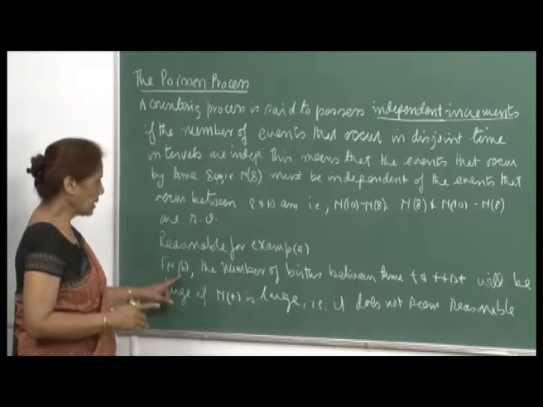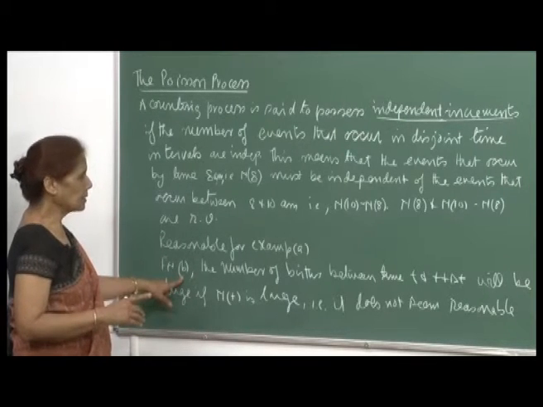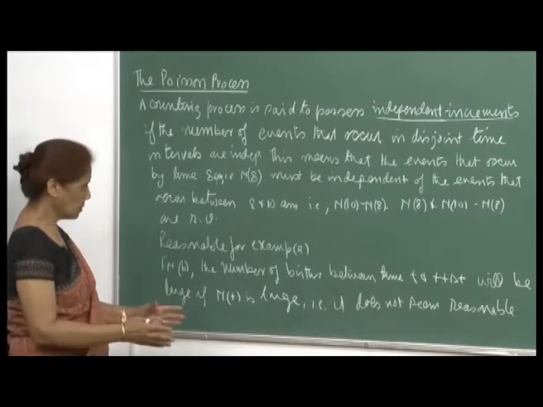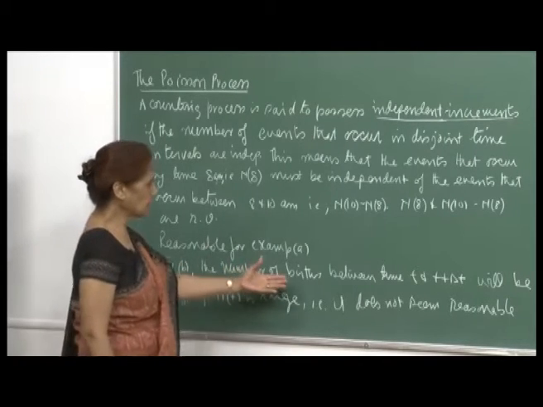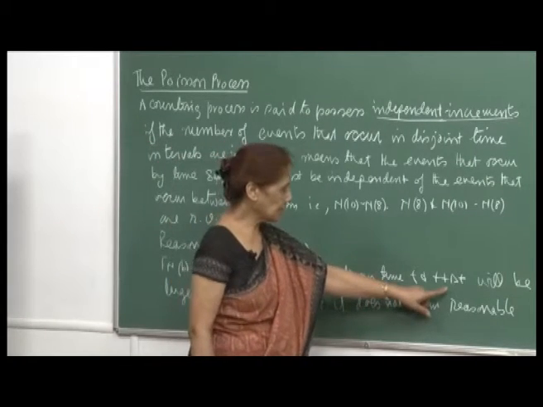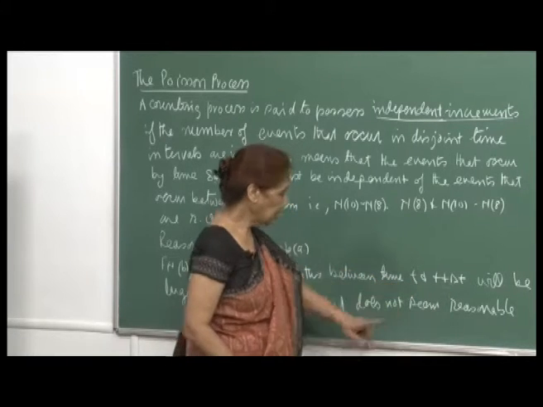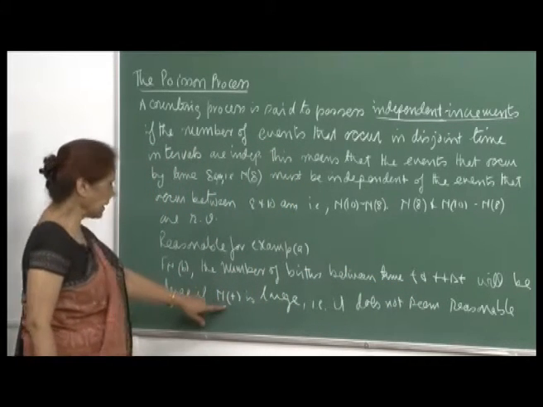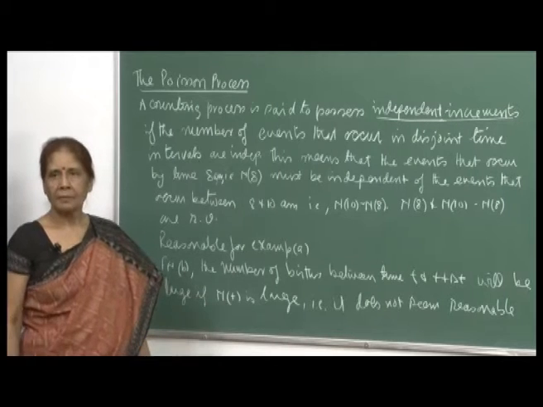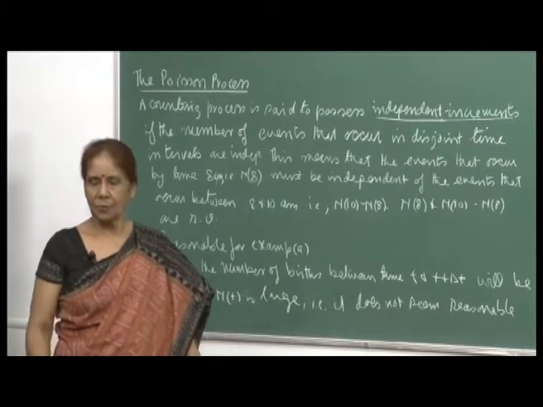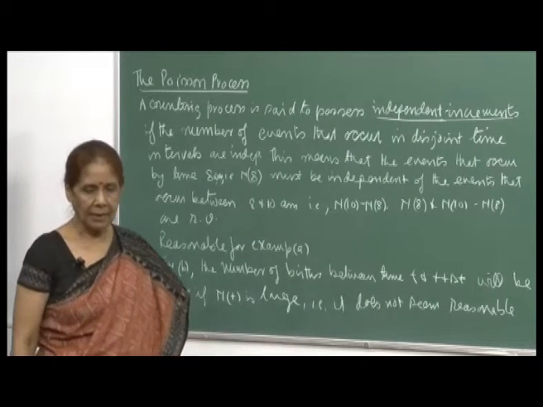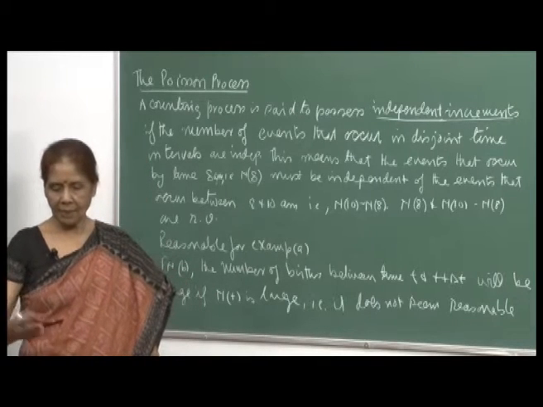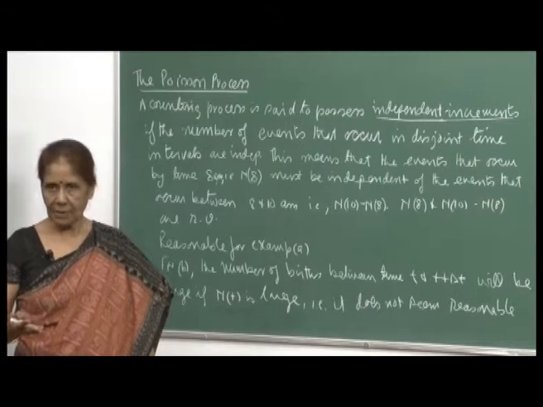Now, for B, which is the number of births in a particular town, the number of births between time t and t plus delta t will be large if N(t) is large. If you are taking it over a long span, then when the population is large, the number of births will be large.